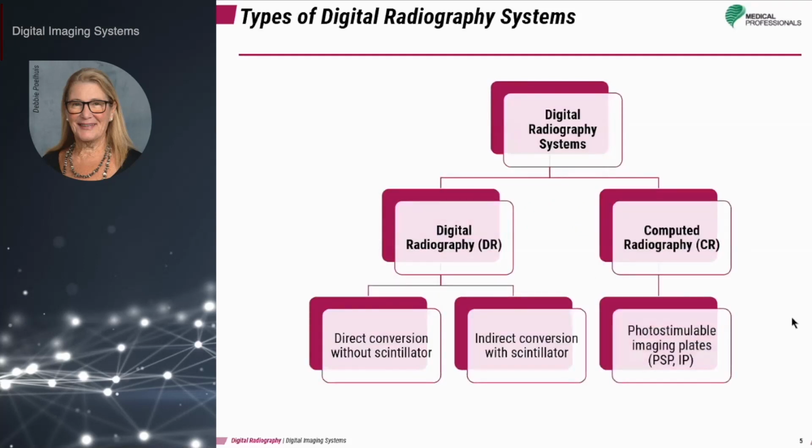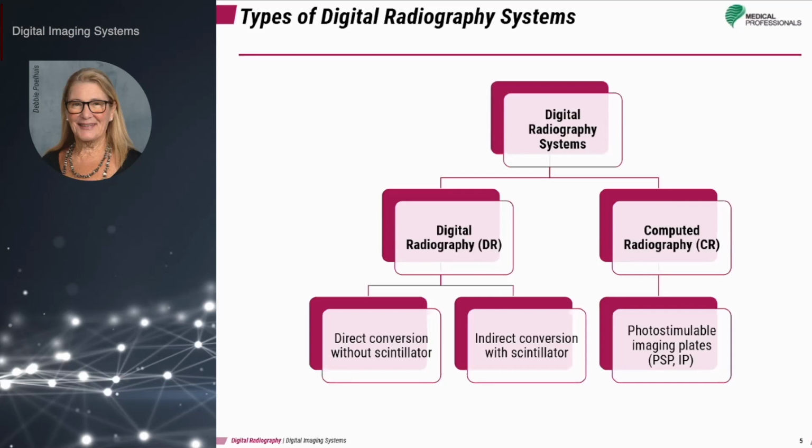So, digital imaging can be divided into two major categories: computed radiography and digital radiography. These systems can be differentiated by the type of image receptor that's used. CR systems use a photostimulable storage phosphor plate known as a PSP, or sometimes known as an IP, as the image receptor for this system.